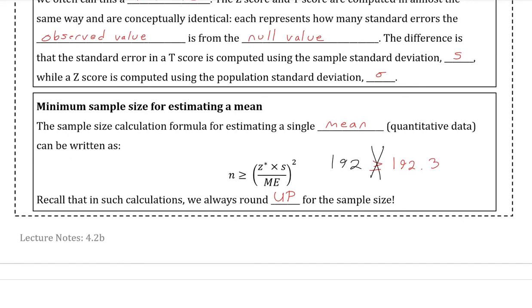This is not valid. Therefore, we would need to round up this decimal value to the next integer of 193. This would be a justified sample size to select.